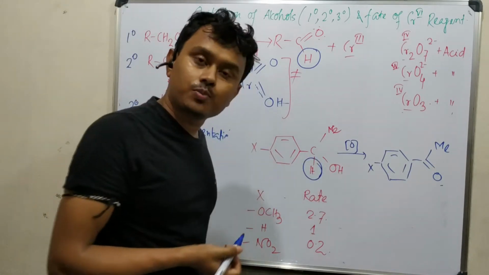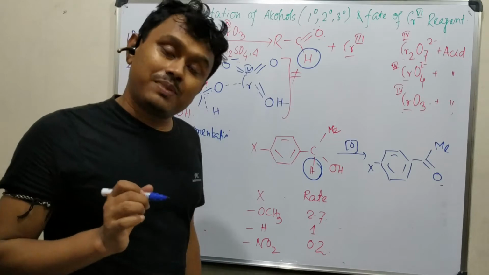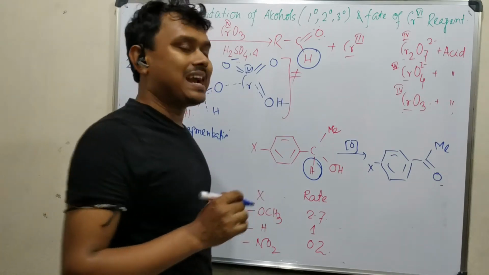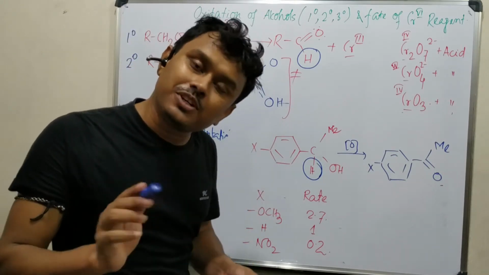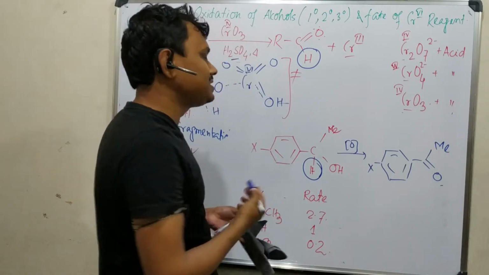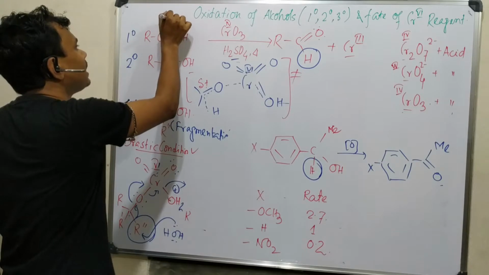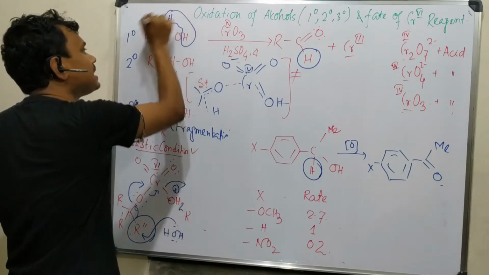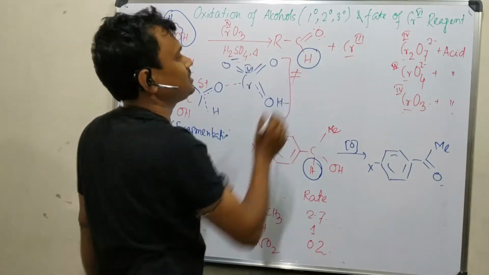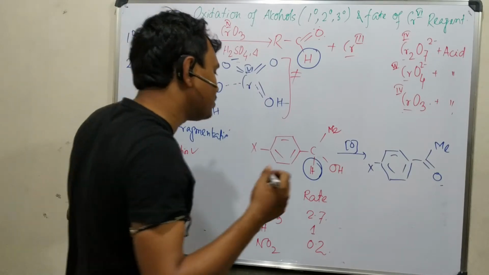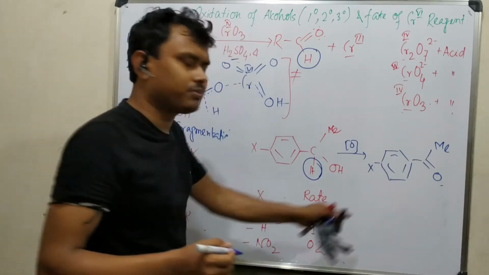Oxidation means withdrawal of hydrogen. From our basic chemistry concept we know, reduction means the attachment of hydrogen, and oxidation means detachment of hydrogen. You can see one hydrogen from here is eliminated to produce this. So there is an oxidation process, removal of hydrogen.